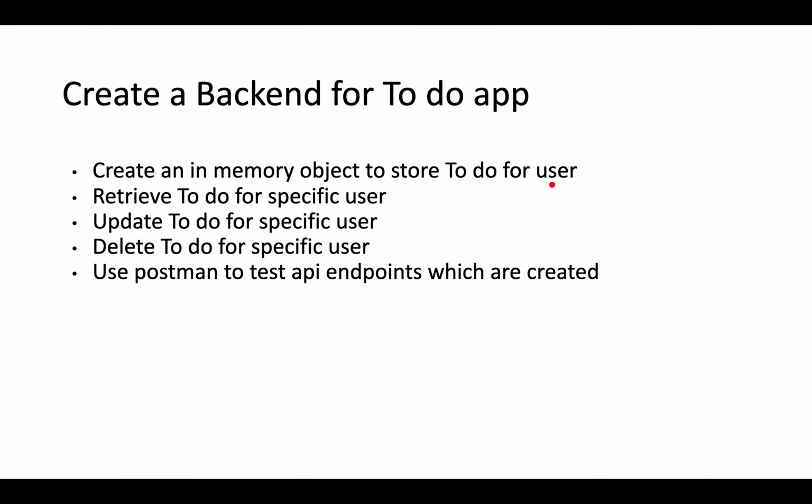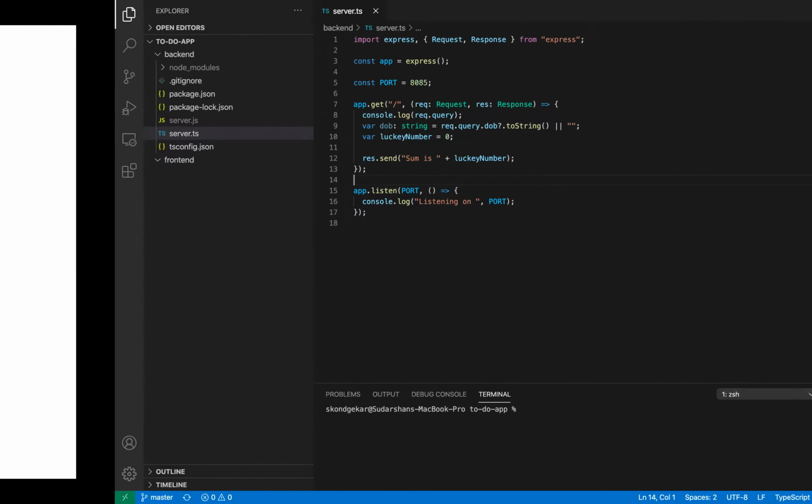One particular user has his own to-do list. Another user will have a different to-do list. We will write create, retrieve, update, and delete APIs for to-dos, and we will also see how to use Postman to test the API endpoints which we are going to create.